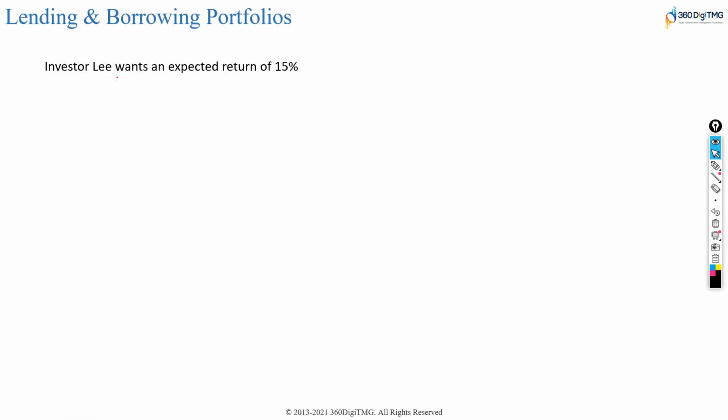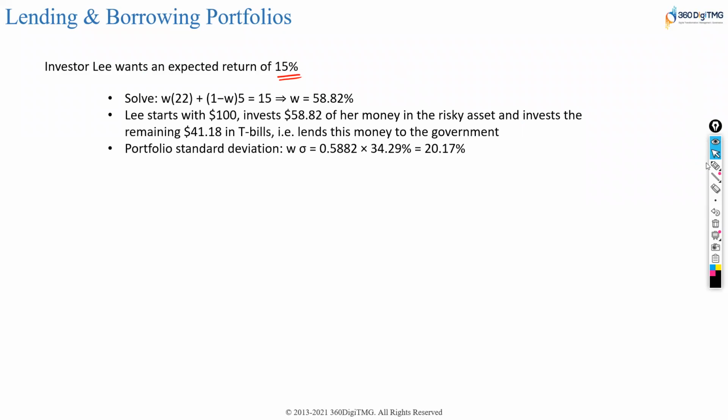Suppose you have a person whose name is Lee. And Lee wants an expected return of 15%. Lee's expectation is that he wants 15% return on investment. And we already have a formula.